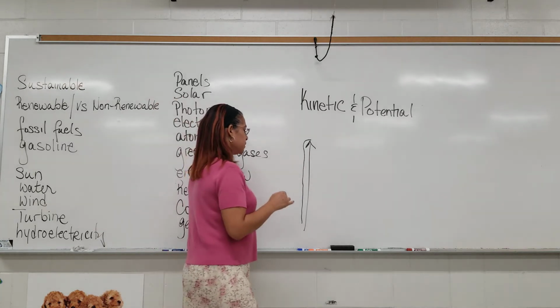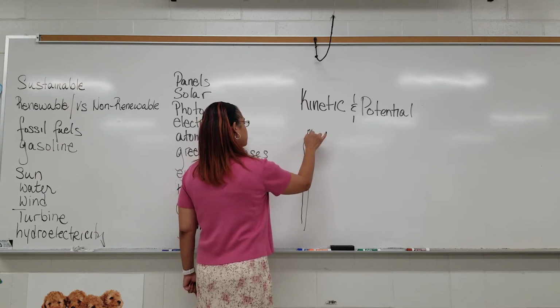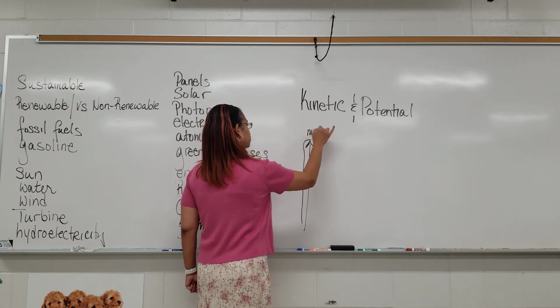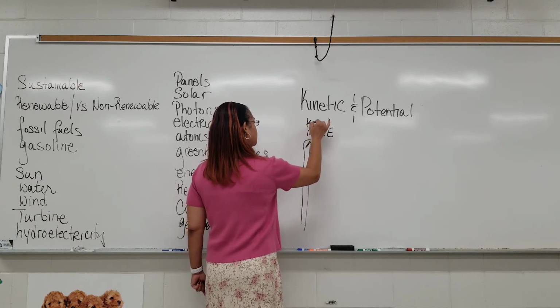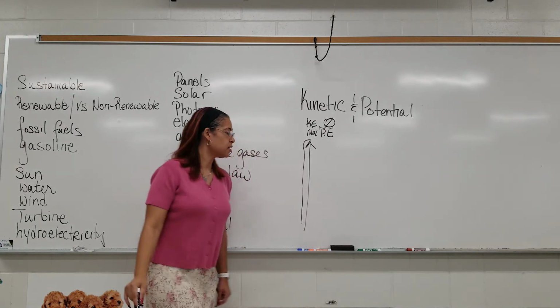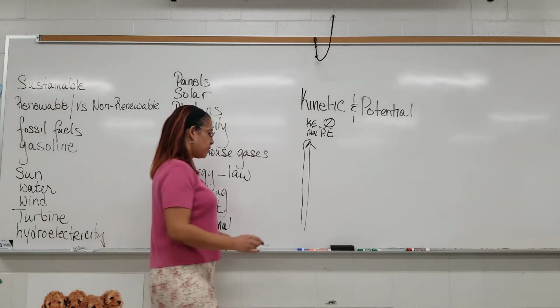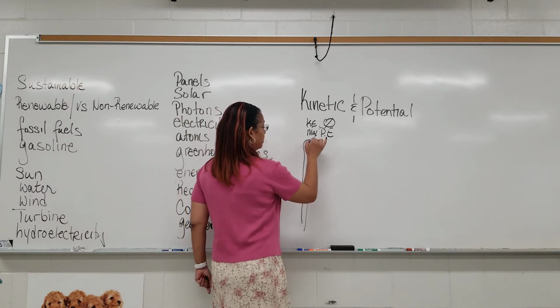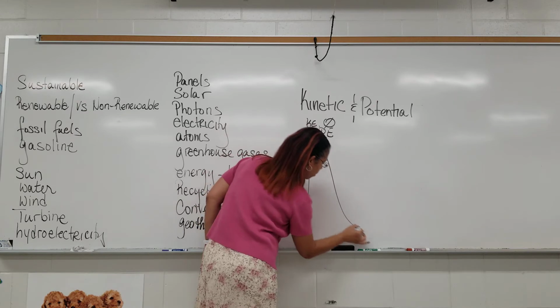Well, when that happens, that roller coaster has now got its maximum potential energy. And its kinetic energy at this point is 0. Okay? So once it gets to the top, it then, of course, our favorite part of the roller coaster is it starts to drop.